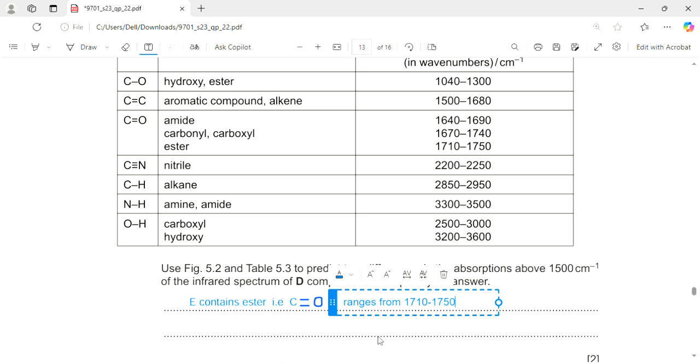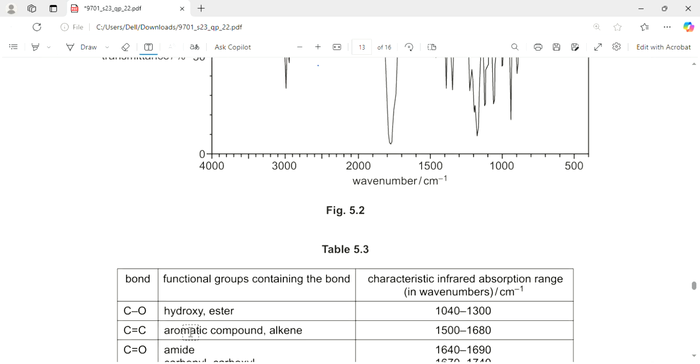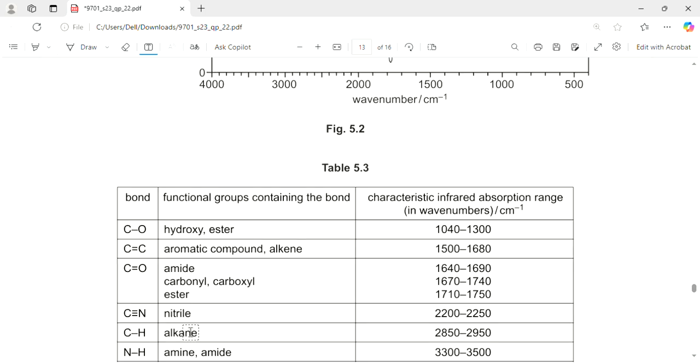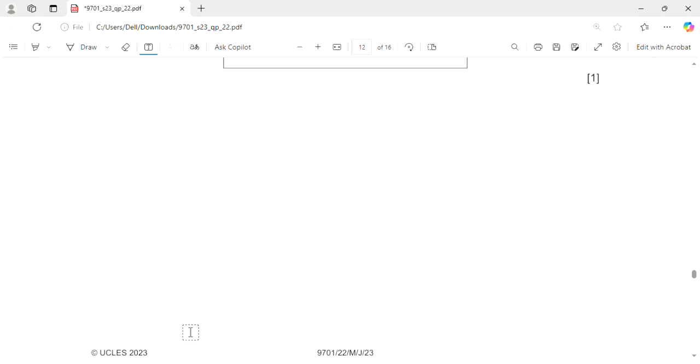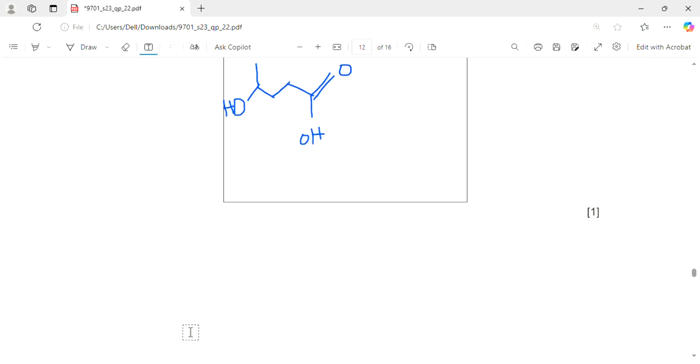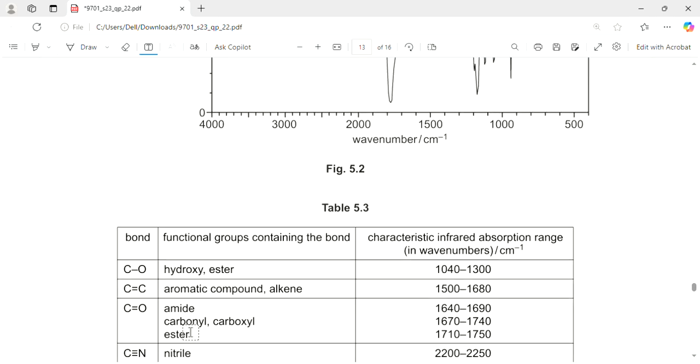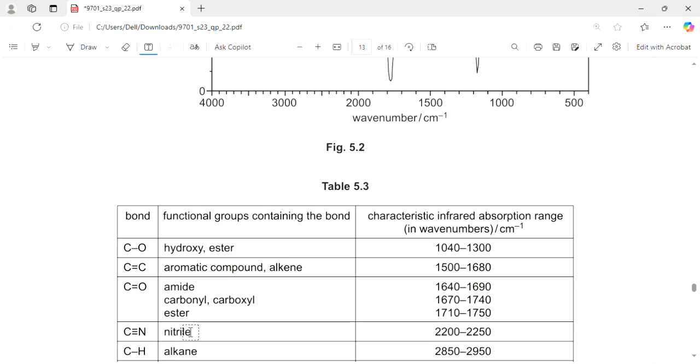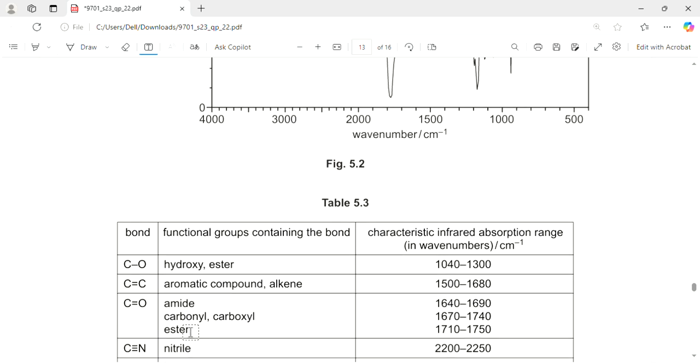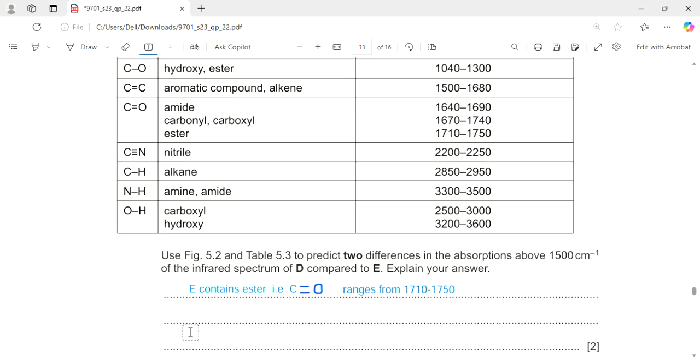And what about D? We drew the structure of D. It must contain a carboxylic acid and an alcohol or hydroxyl group.